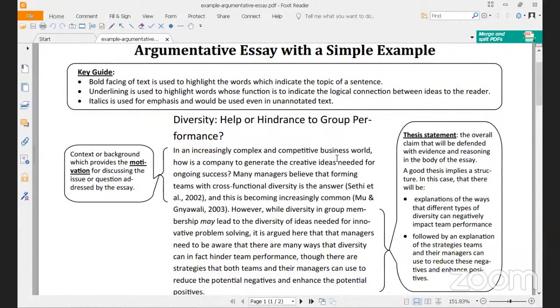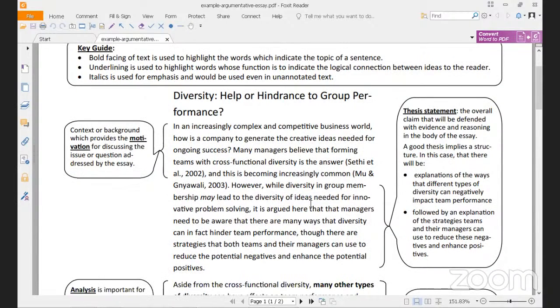So let's see. At this point, for example, we're being indicated here the text context or background, which provides the motivation for discussing the issue or question addressed by the essay. Okay, and since this is the first paragraph, we know that the thesis statement goes there, and we have the thesis statement. The overall claim that will be defended with evidence and reasoning in the body of the essay.